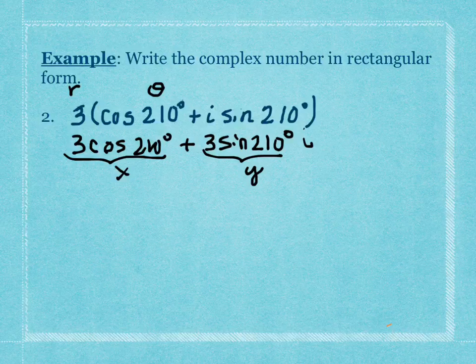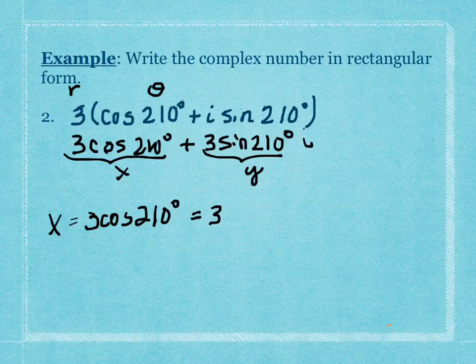So I can find out what x and y are by simplifying 3 cosine of 210 degrees, which is a unit circle value. On the unit circle, the cosine of 210 degrees is negative square root 3 over 2. So this is 3 times negative square root of 3 over 2. Remember, 210 would put us down here in quadrant 3.